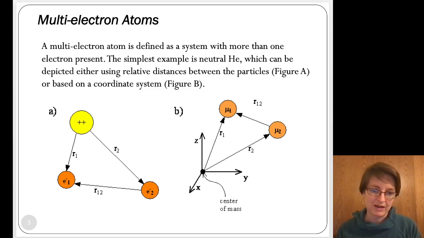And then once again, we have our positions of our 2 different electrons represented by vectors that either describe the position of the electron with respect to the nucleus, R1 or R2, or the vector that describes the position or the distance between my 2 electrons. That would be R1,2.